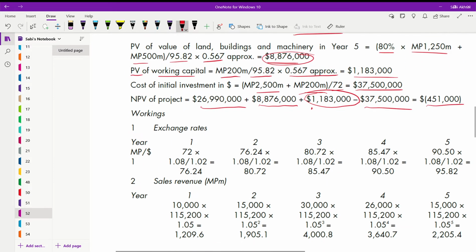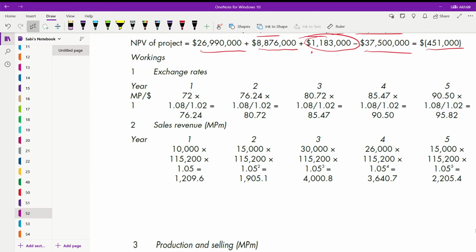Make sure that in the working, if you see here the exchange rate, you have been given this rate already. The rest you all predicted using purchasing power parity, known as PPP. Purchasing power parity means you are using the inflation rates of the two countries to predict the exchange rate. Then sales revenue, right?